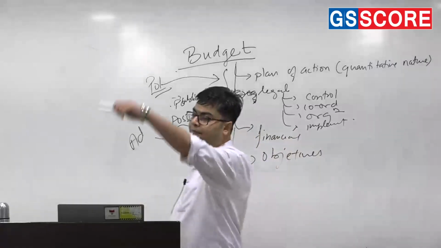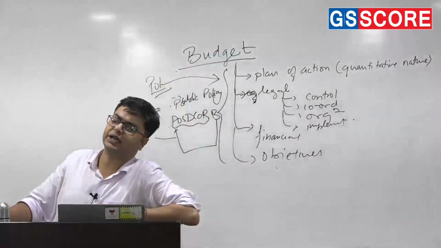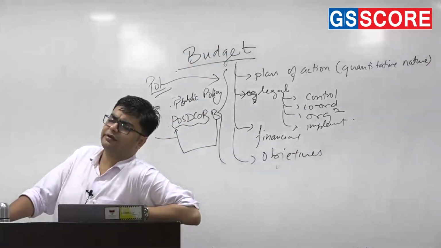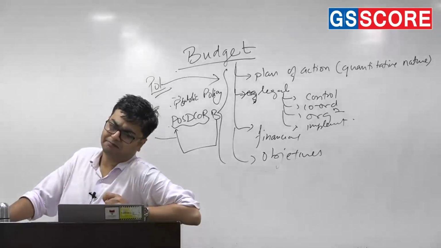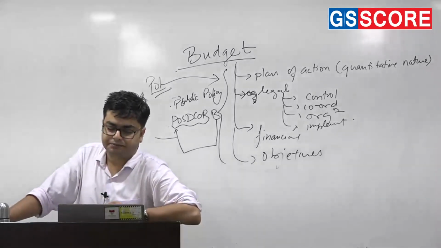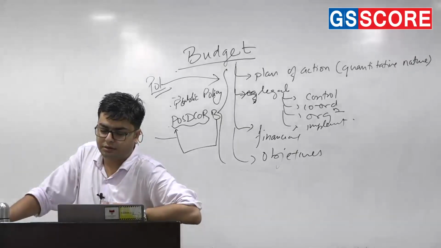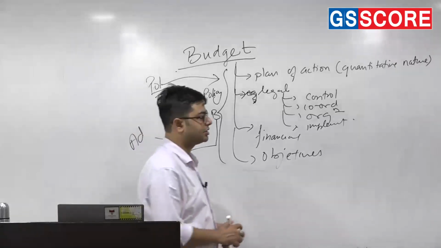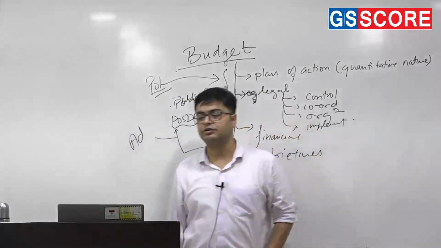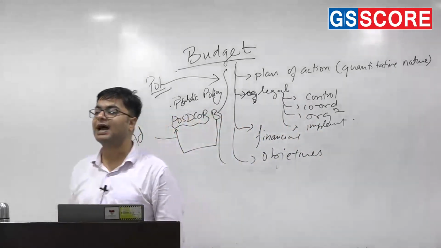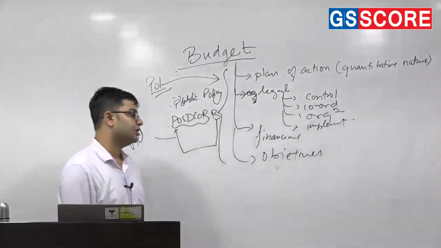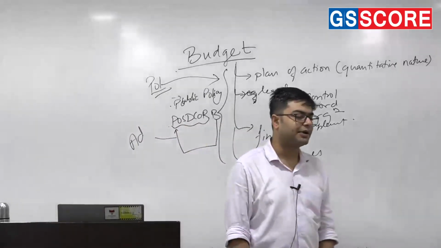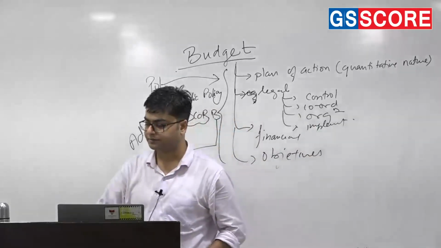Even if you look at the pre-2016 era, Wildavsky has been asked time and again. So Wildavsky defines budget as a series of goals with price tags attached. A series of goals with price tags attached.